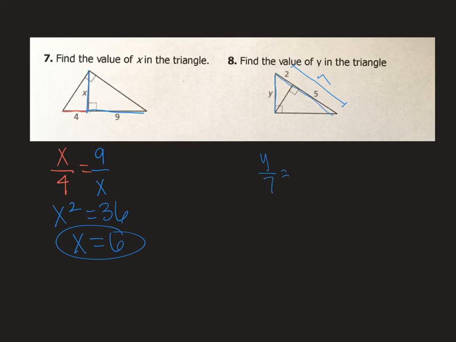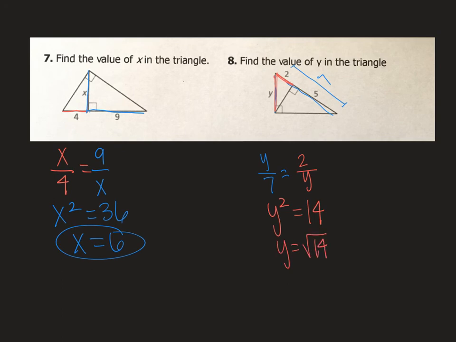Now we're going to look at that smaller triangle with y in it. Our shorter leg is 2. Our hypotenuse is y. And we're just going to cross multiply and solve. So y squared equals 14. We're going to take that square root.